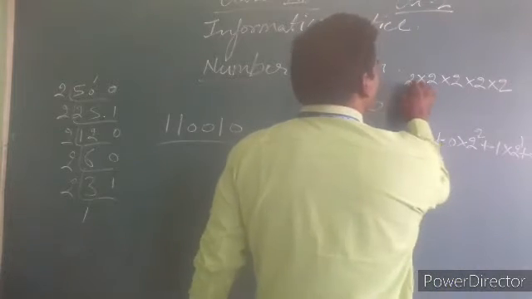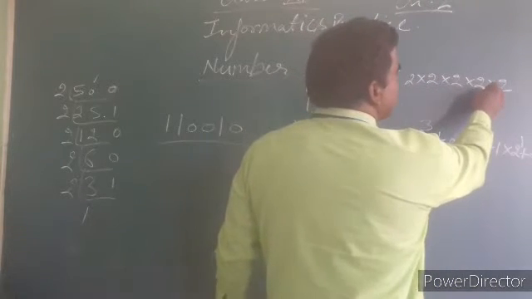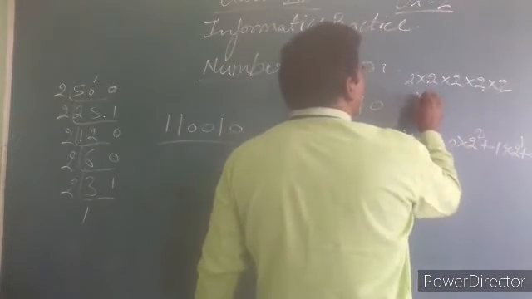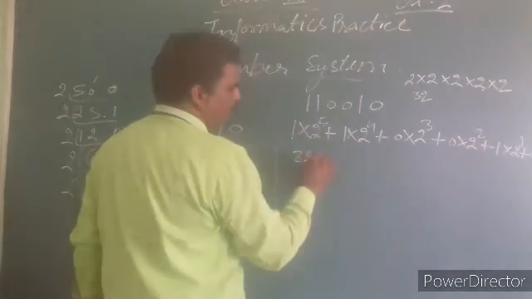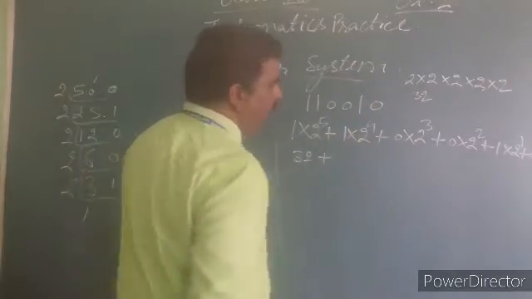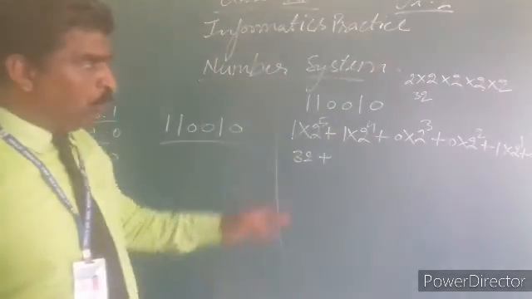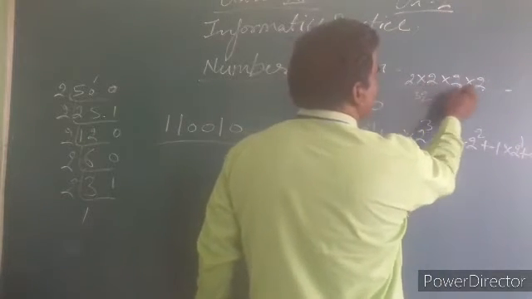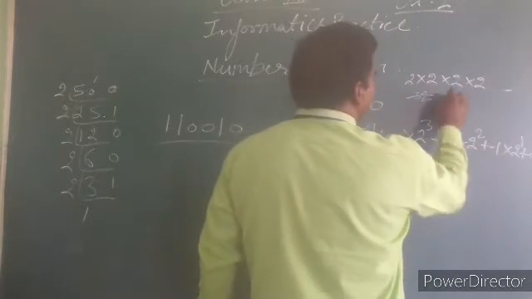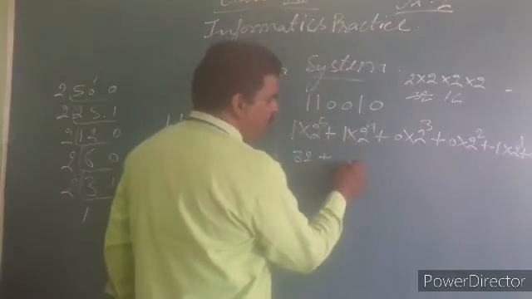So 2, 4, 8, 16, 32. So 32 into 1 plus 2 into 32. If we are multiplying up to 4 times, so check it, 2, 4, 8, 16, so 16 into 1.